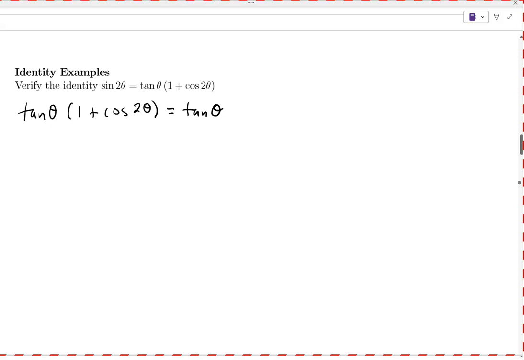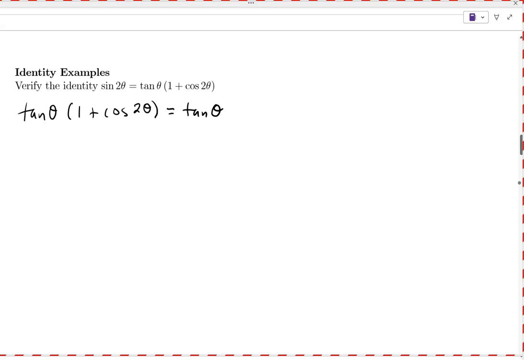Is there one of the 3 forms that you could use for cosine of 2 theta that, if I substitute it, the plus 1 would go away? Which one can I use? 1 minus 2 sine? If I use the 1 minus 2 sine, I would still be adding my 1s. So use the one that has the minus sign in it.